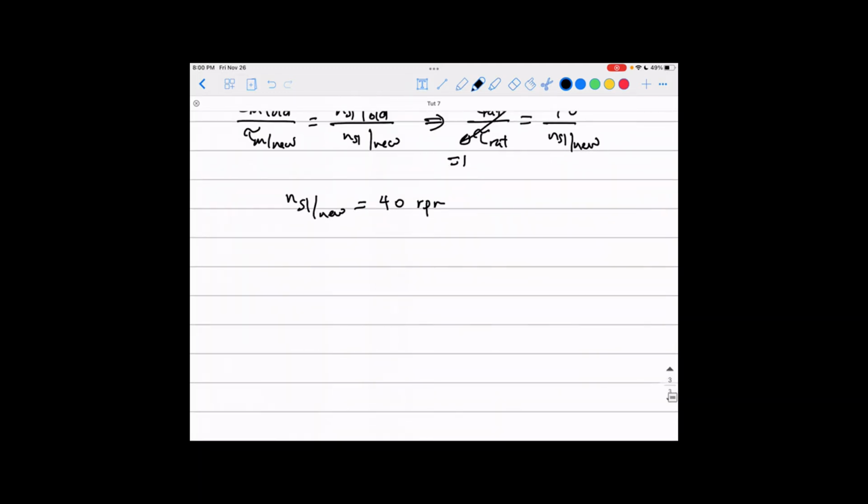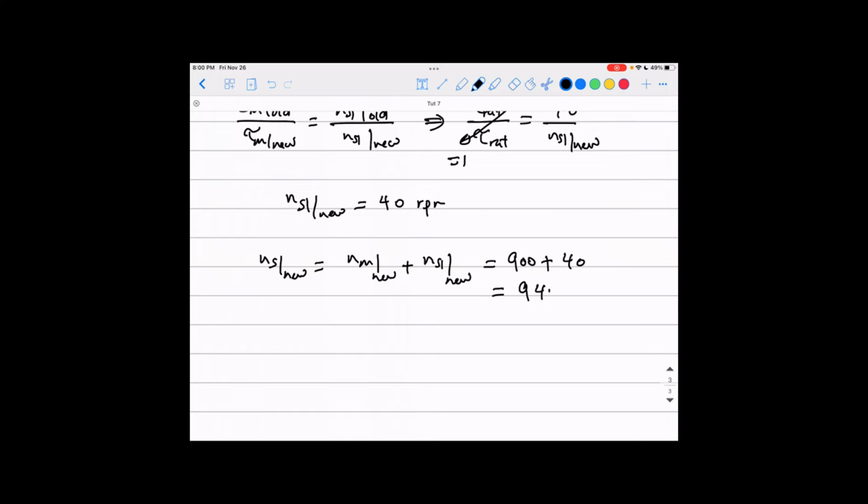From this, you can find the new synchronous speed, NS new, which equals NM new plus the slip speed new. We remember because the slip speed basically equals the synchronous speed minus the mechanical speed. The new speed, he said he wants to be 900 RPMs, and the new slip speed equals the old slip speed, and that is 40 RPMs.